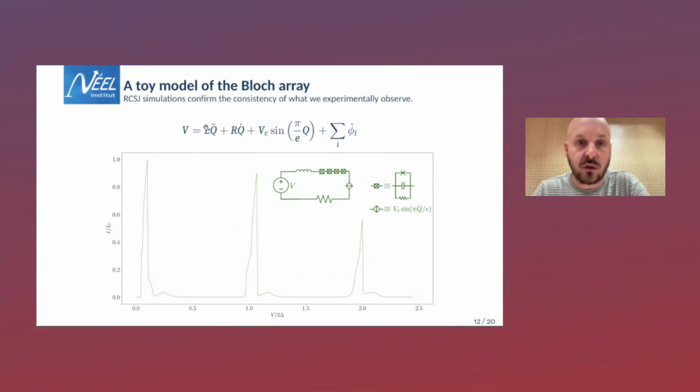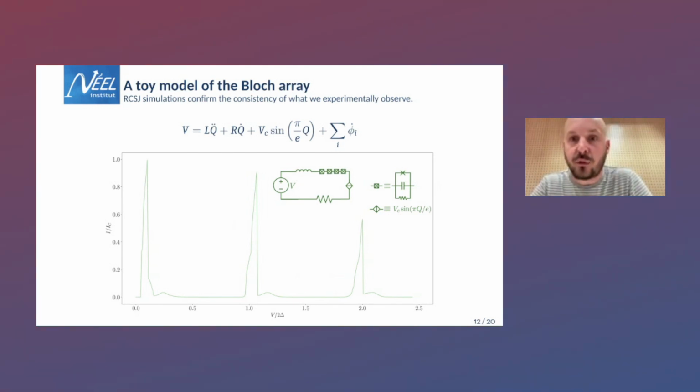Here, if I understood correctly, you're saying that describing this Bloch array as a simple inductance is also probably too simplistic. And I also fully agree. Currently, we are trying to work out a theory to really, instead of having a large inductance, keep the dynamics of all the junctions.